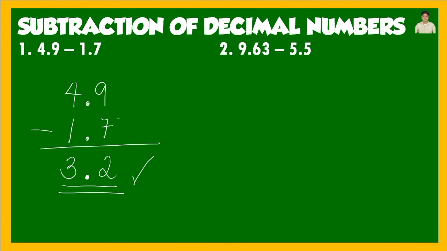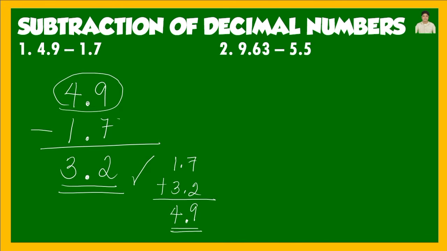Ang dapat na makuha po natin is yung ating minuend. So, to check, pakita na natin. 1 and 7 tenths plus 3 and 2 tenths. 7 plus 2, 9. 1 plus 3, 4. And then, copy the decimal point. So, 4.9 or 4 and 9 tenths.